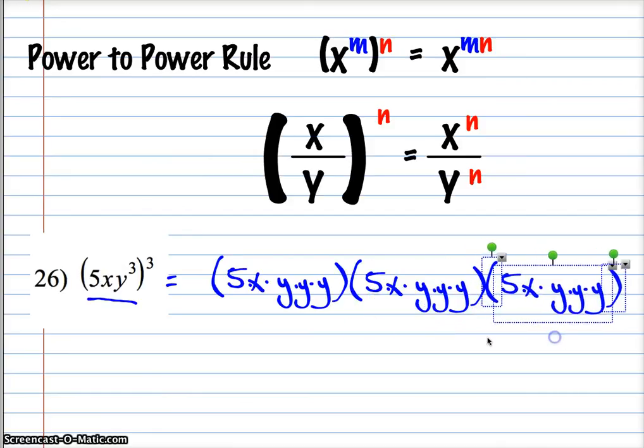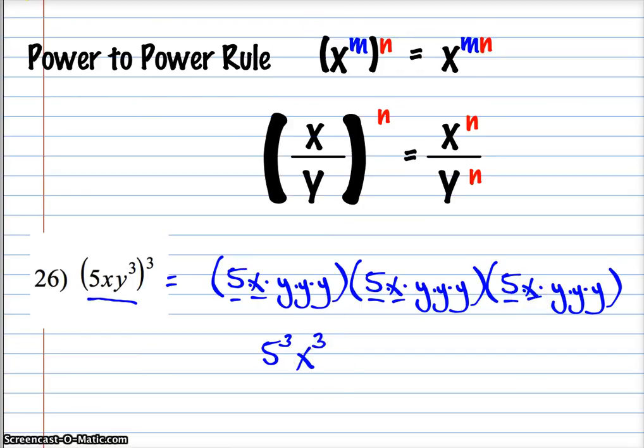Okay. Now if these are just being multiplied together, the order won't really matter. So I can put all my coefficients together. 5 times 5 times 5, I get 125. You could call that, if you'd like to, 5 cubed. That's just like putting this 3 next to that 5. I have 3 x's, 1, 2, 3. So I have x cubed.